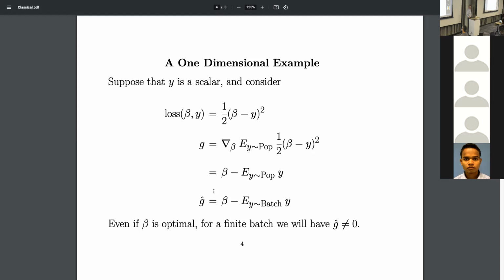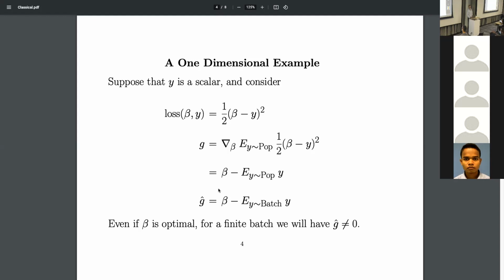The average of the loss is an average over y drawn from the population of this squared difference between beta and y. The value of beta that minimizes the expectation of this squared difference is just the average value of y, the mean of y.